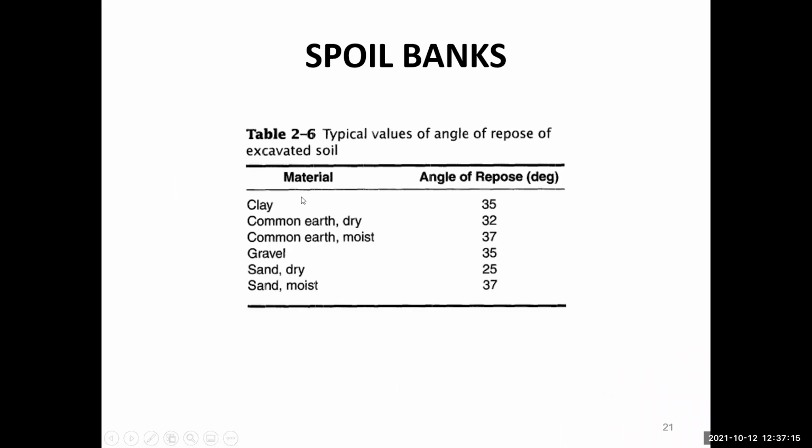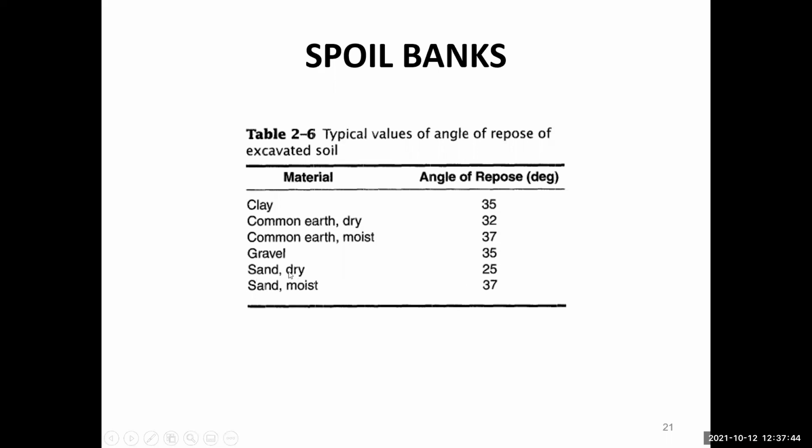This table gives some typical angles of repose. For example, for clay, the angle of repose will be typically 35 degrees. For common earth in a dry condition, it will be about 32 degrees. For common earth in a moist condition, it will be about 37 degrees. Gravel particles are slightly bigger, so they can support each other in some natural state, so its angle of repose will be 35 degrees.